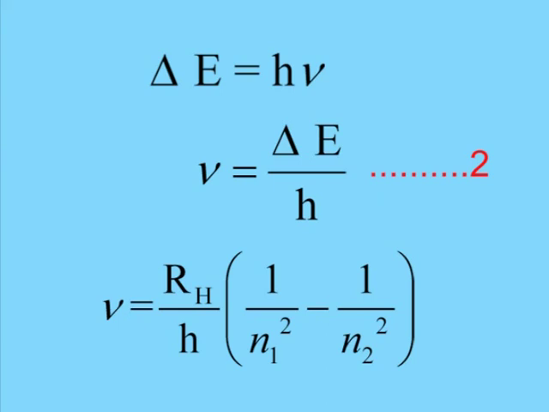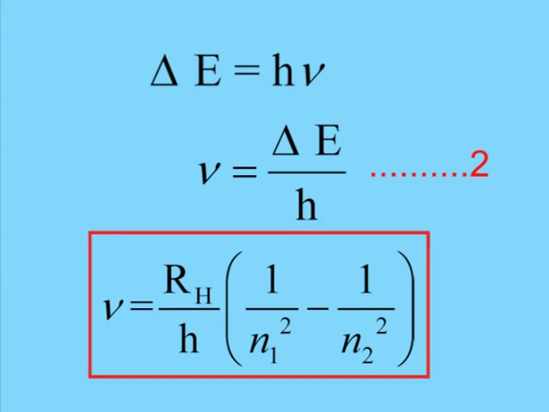Now put the value of delta E from equation 1 into equation 2. We get nu is equal to RH upon h into 1 upon n1 square minus 1 upon n2 square.